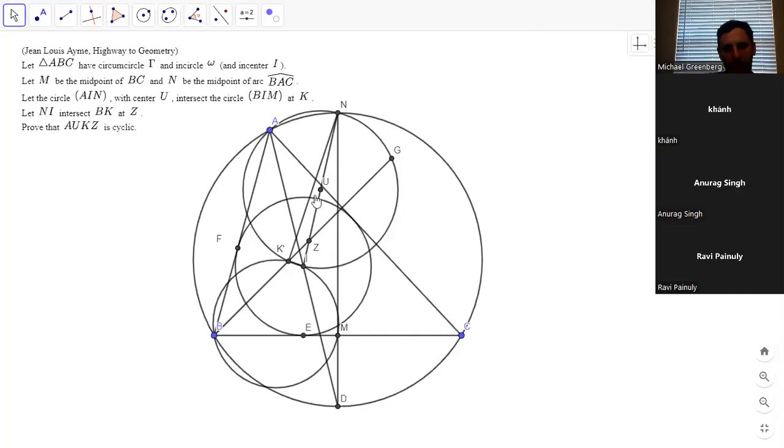But yeah, I already forgot what our plan was to show that AUKZ was cyclic. I thought we had an idea, I just forgot what it was.